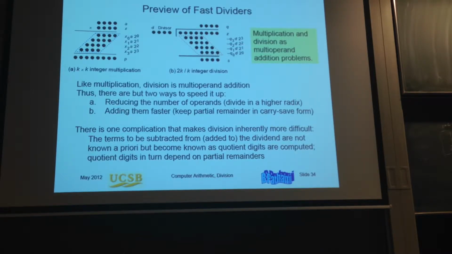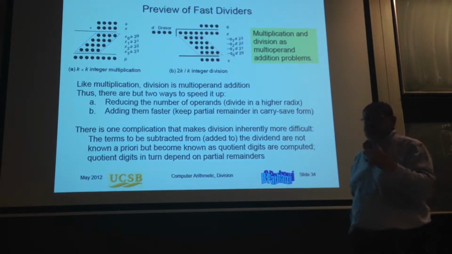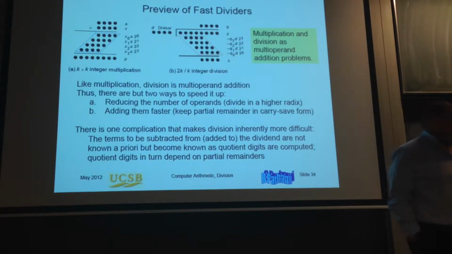But let us concentrate on dividers. Now, there are two ways to do division faster. It's similar to multiplication, but somehow different. In multiplication, we relied on high radix, and we relied on carry-save addition.